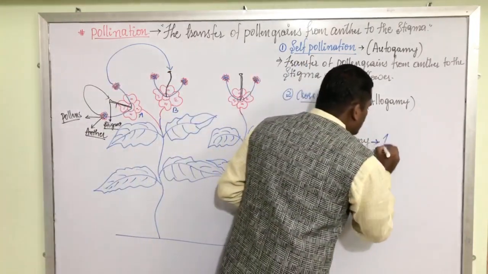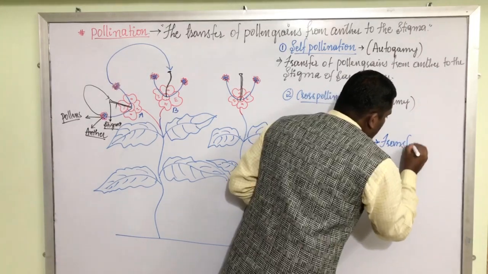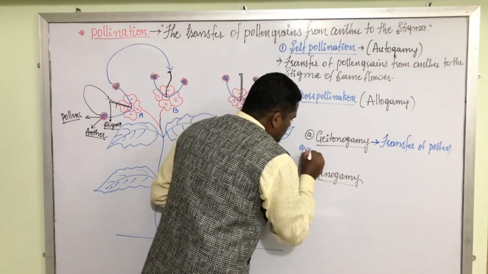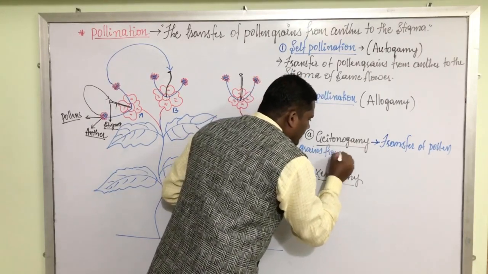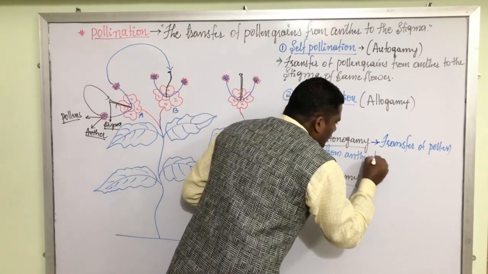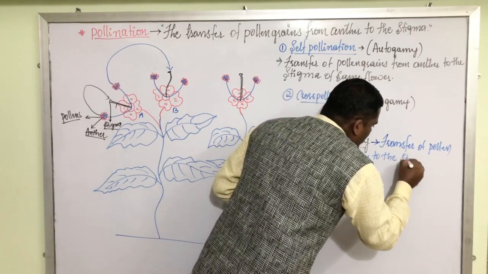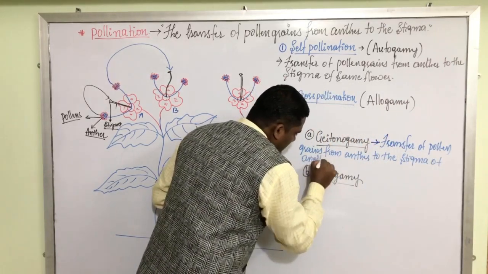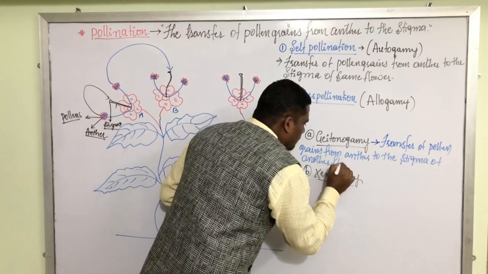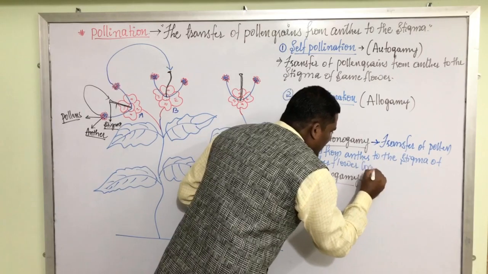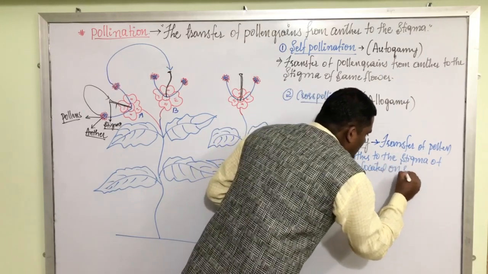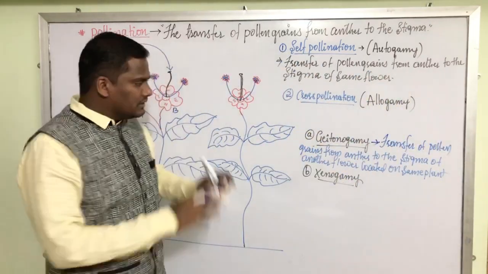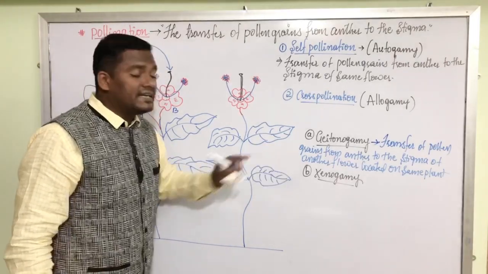What is geitonogamy? Transfer of pollen grains from anther to the stigma of another flower located on same plant. Plant is same but the flower is different. This type of pollination is called geitonogamy.